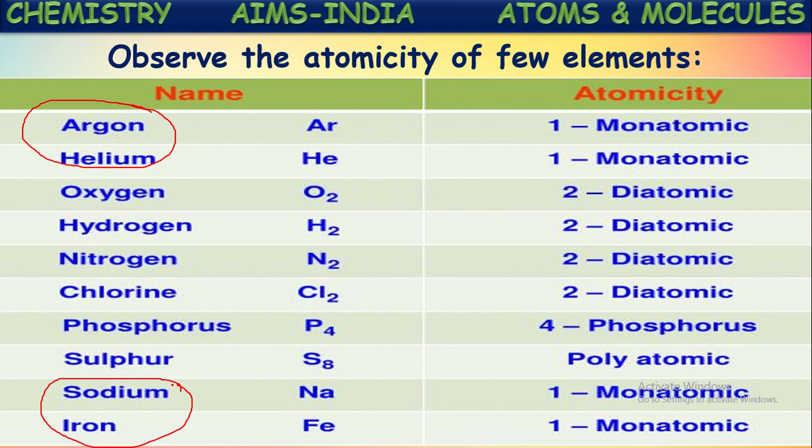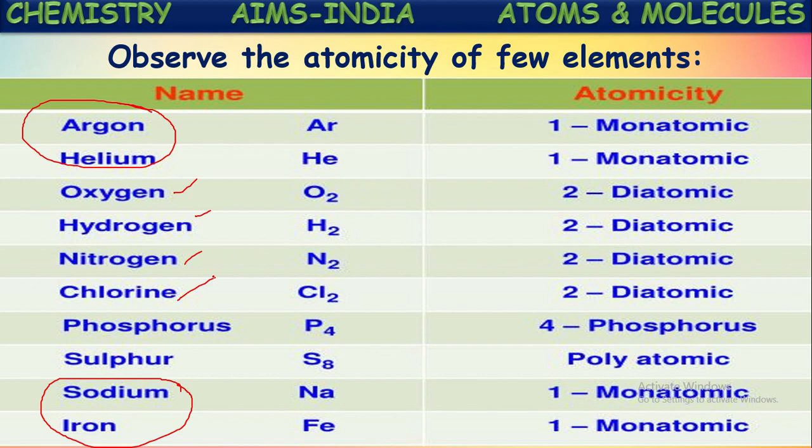And some gases are non-metallic gases like oxygen, hydrogen, nitrogen, chlorine. These non-metallic gases mostly exist as diatomic molecules, meaning in each molecule of those gases there will be two atoms. So they are called diatomic gases or diatomic elements.